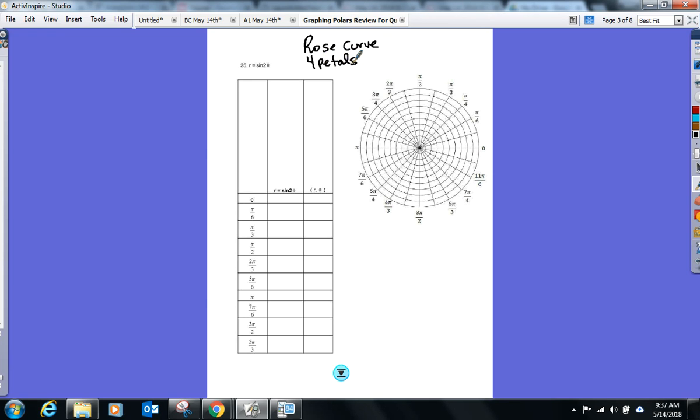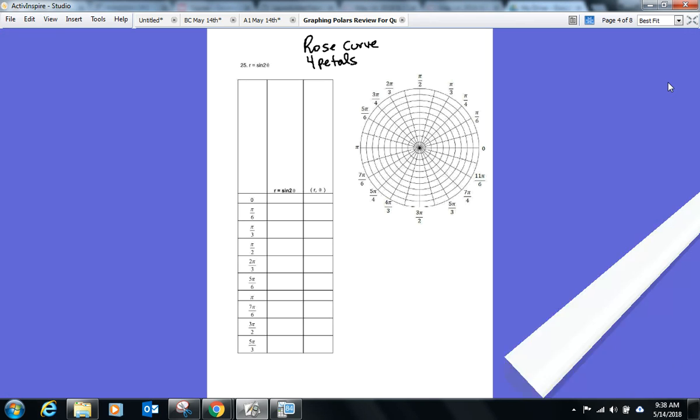What's the max value each petal should go out to on the rings here? 1, good. And it's a sine curve. So I want you to use your chart to find where 1 occurs first. How far apart is each petal? I got 4 of them. How far apart should they be? They should be 90 degrees.